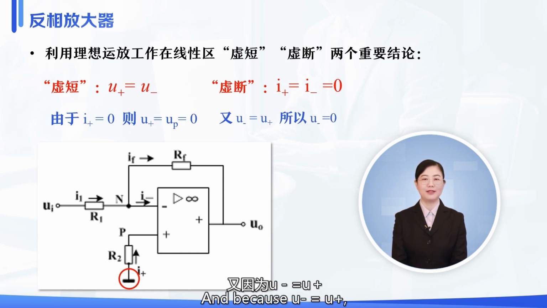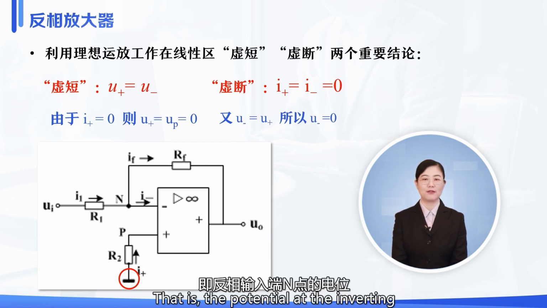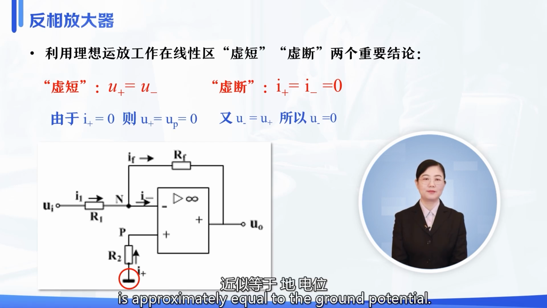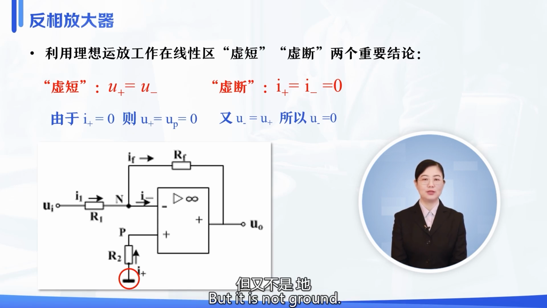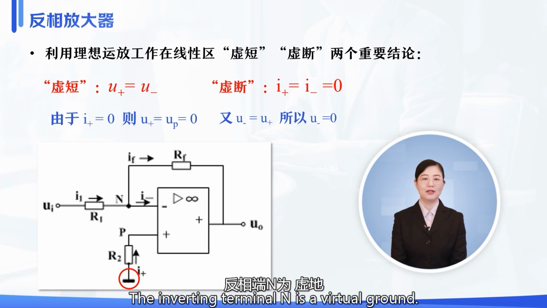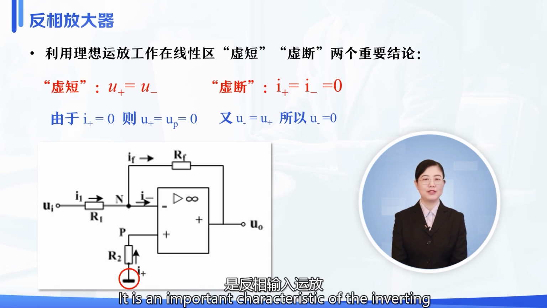And because U minus equals U plus, U minus equals 0. That is, the potential at the inverting input terminal N point is approximately equal to the ground potential, but it is not ground, so it is called a virtual ground. The inverting terminal N is the virtual ground.